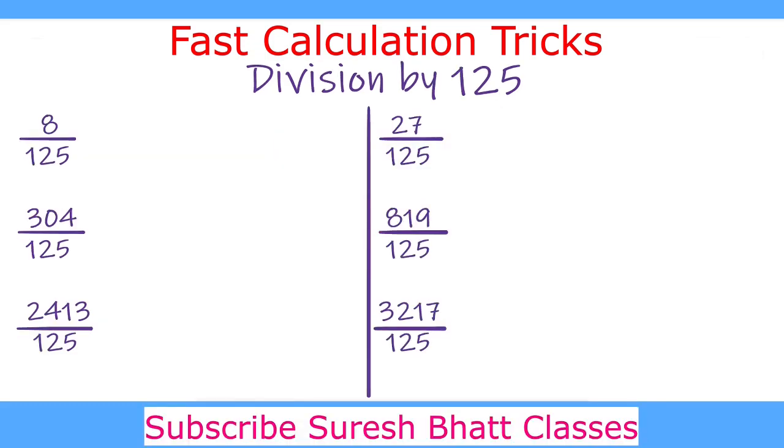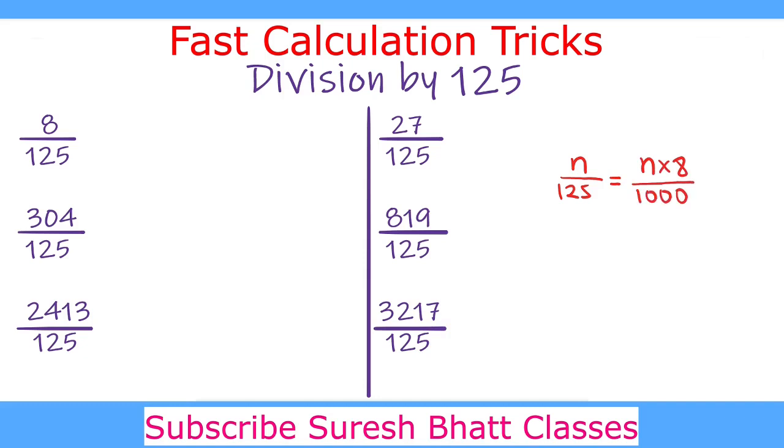We learn division by 125. If we have any number n and that has to be divided by 125, and if we multiply both numerator and denominator by 8, then it becomes n multiplied by 8 divided by 1000.